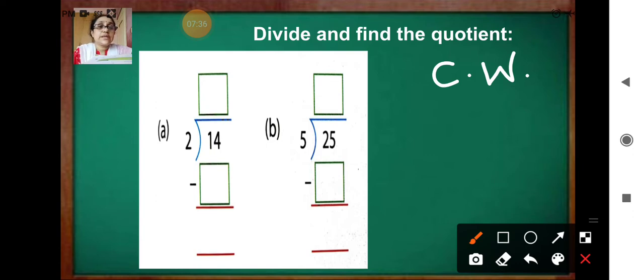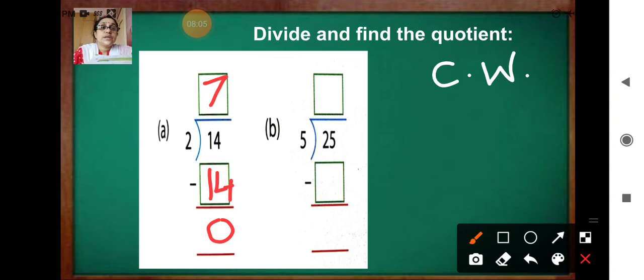You have to say the tables of 2. So for division you have to learn the tables, then you can do it quickly. 2 sevens are 14. Okay. Now what do we have to do? Subtracting. After subtracting we will get 0.